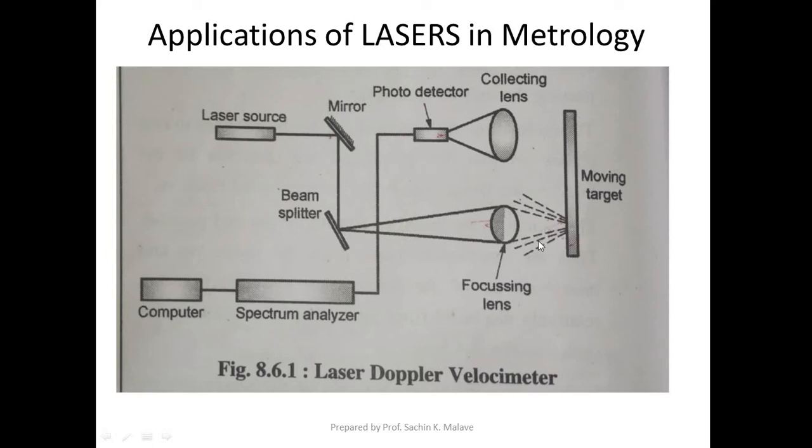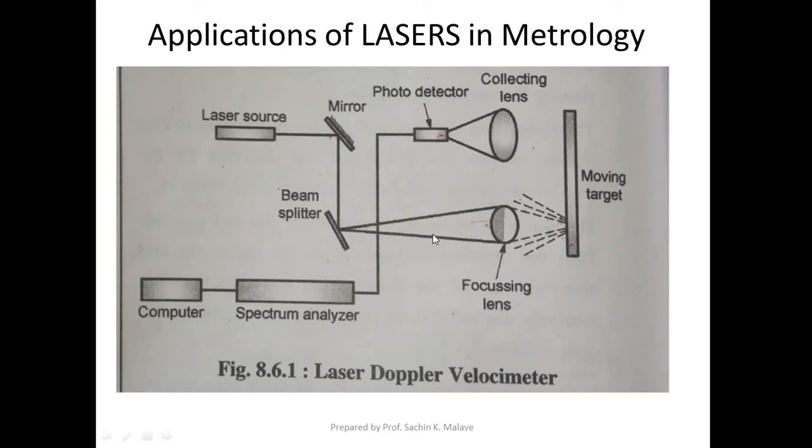The tiny particles in the measurement volume are going to scatter the light when they cross the light fringes, but no light is scattered when they cross the dark fringes. That is the thing.